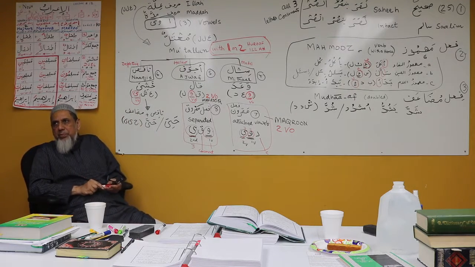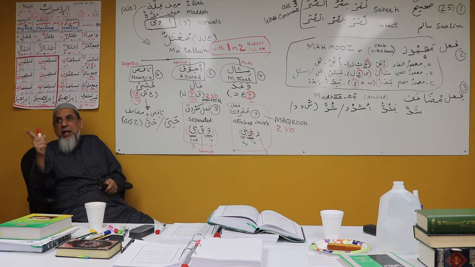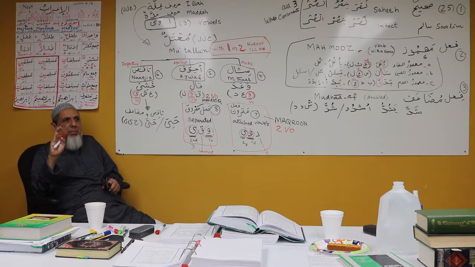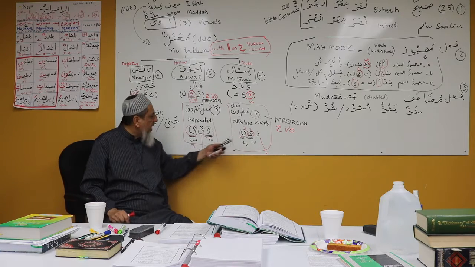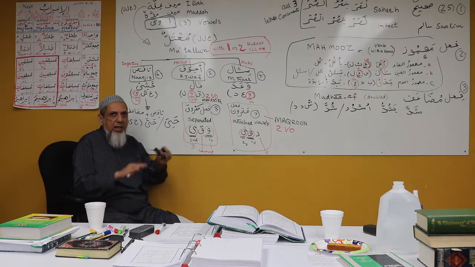In Maqroon, Fa and Ain both are the same? No. Ain kalima and lam kalima. Yes. Ain and lam, they are Ain kalima and lam kalima. Both are vowels. Here, fa kalima and lam kalima, they are vowels.